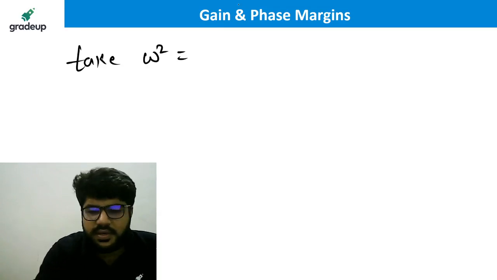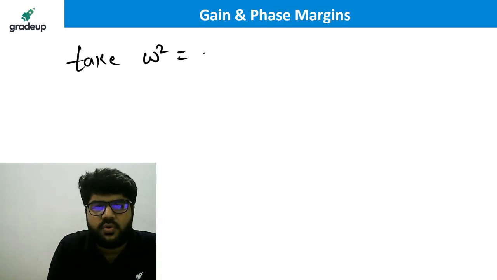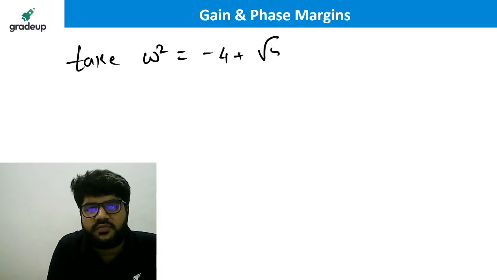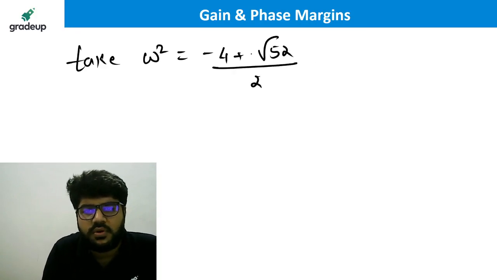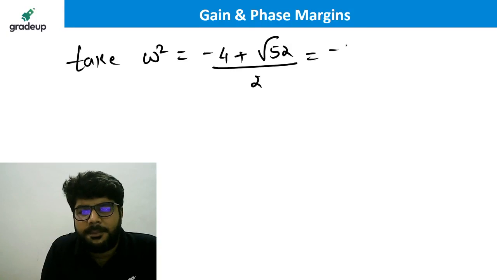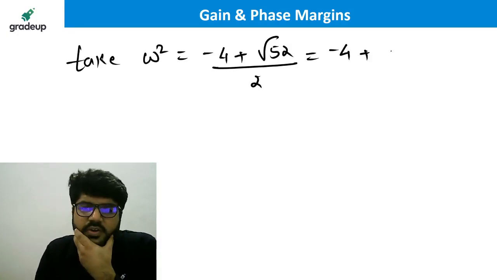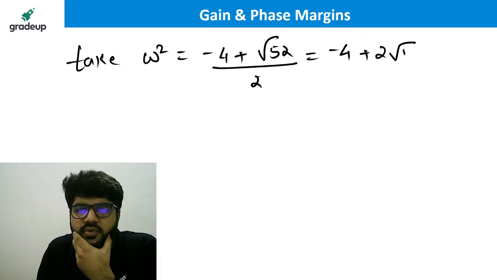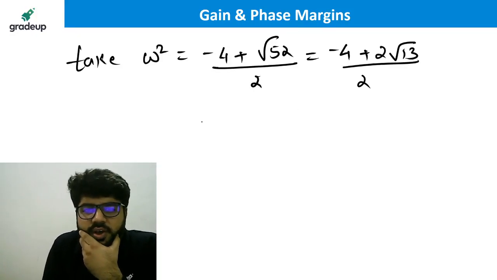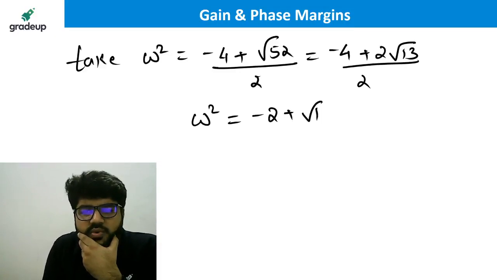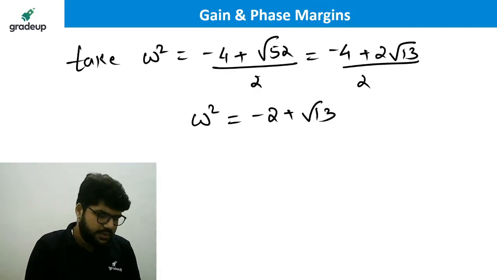Take ω² equal to (-4+√52)/2, the plus one. √52 is √(4×13), which is 2√13, divided by 2. So ω² is first of all -2+√13. Let us calculate this value.